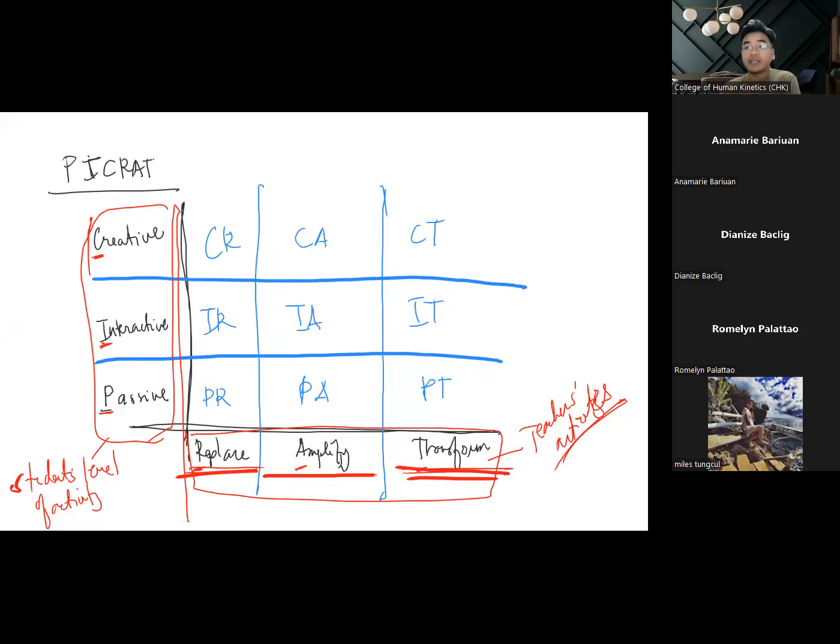So, instead na siya magturo, nag-download na lang siya ng video sa YouTube. Ano tawag doon? Replace. So, anong level ngayon sa PICRAT yung ginawa ni teacher? PR, or passive replace. Okay? Naintindihan nyo? Oh, next example.